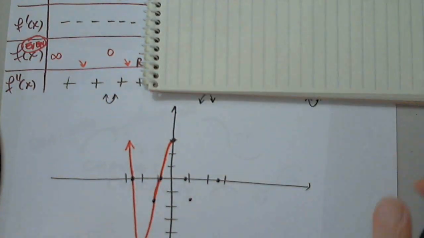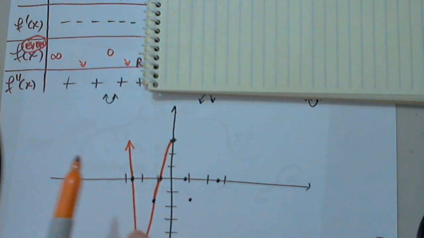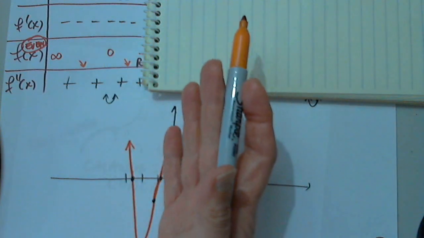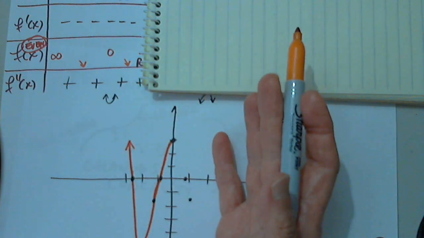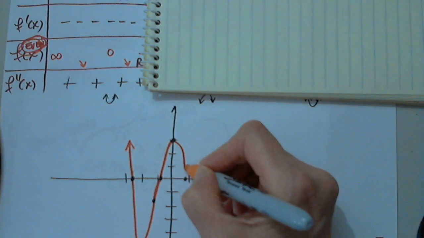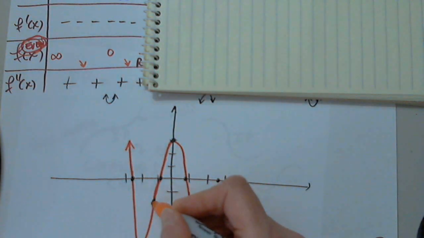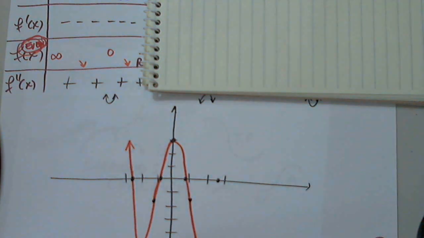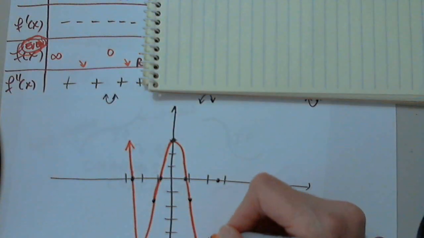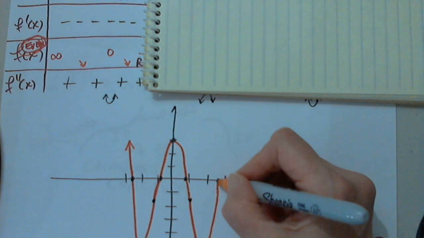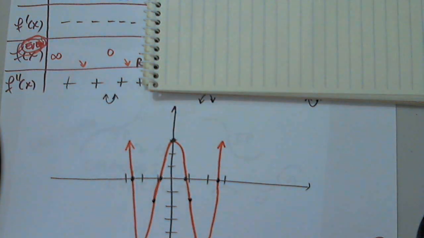I should not even look at the rest of the table, because I know the function is even. Whatever I have graphed on this side, I have to have a mirror image on this side. You can continue looking, but I'm going to use the fact that the function is even. It has to have an inflection point. It has to change concavity. It has to come to the minimum. It has to come back, cross the x-axis, mirror image with respect to the y-axis, and continue to infinity.